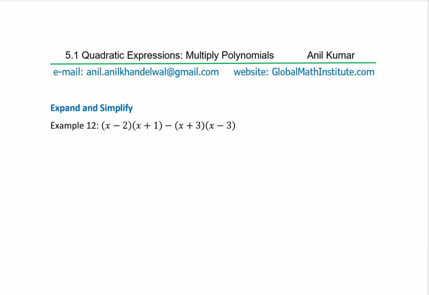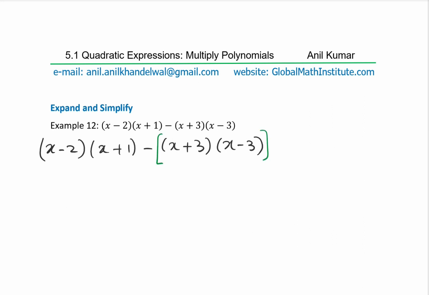Another question for you, slightly more difficult than the previous. I would like you to pause the video and answer this. Well, here we have (x minus 2) times (x plus 1) minus (x plus 3) times (x minus 3). So as I was saying, we'll maintain brackets around the negative terms so that we avoid confusion.